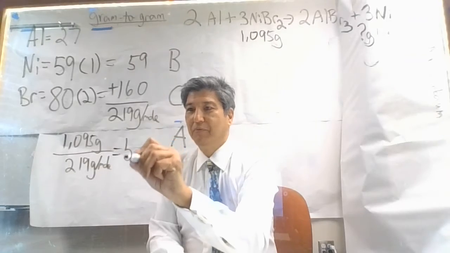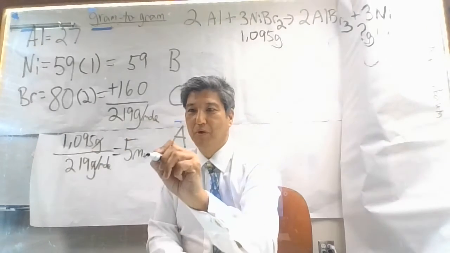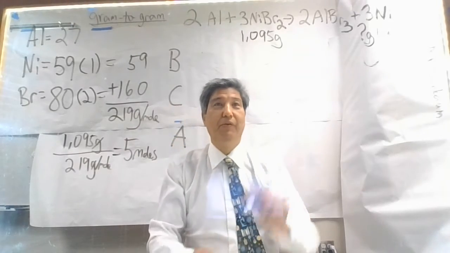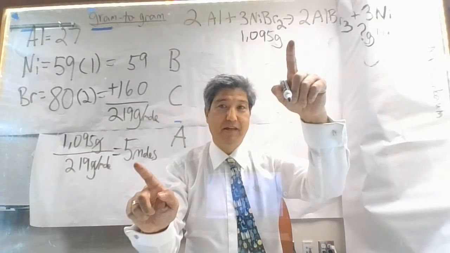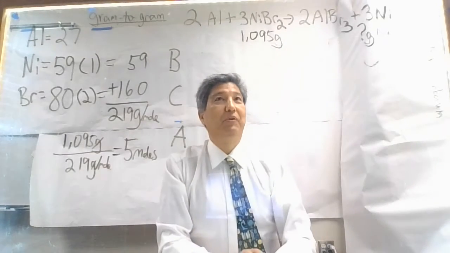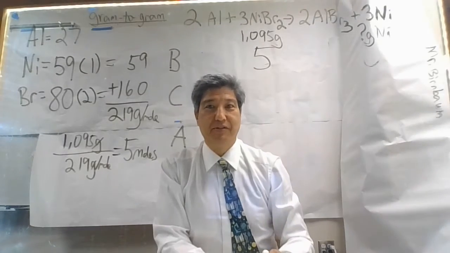This is going to give me 5. My grams cancel, and I get 5 moles. So if I'm starting with 1,095 grams, that's the same as 5 moles. Before my reaction starts, I'm going to have 5 moles of NiBr2.